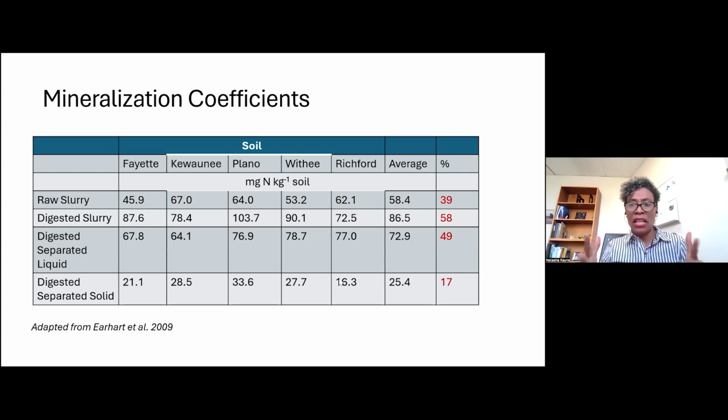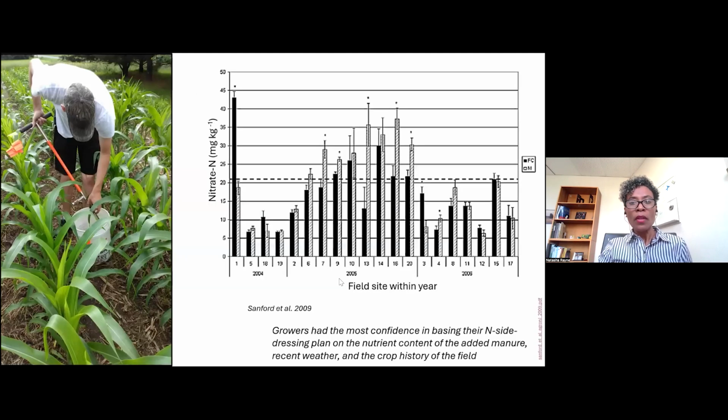In this case, this was a lab study with different soil types where they looked at raw manure versus digested manure and came up with these availability coefficients that you see here in that last column. Like, for example, for raw, 39%. The thing I want to point out here is please note the variability. Again, we're going through this thinking about opportunities to refine our current recommendations.